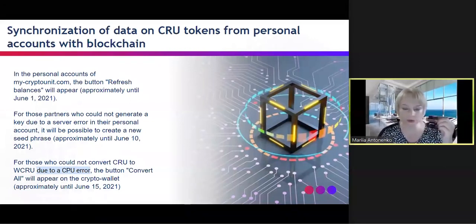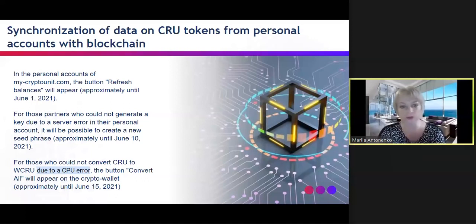So what they decided to do is to develop a button in the back office of each partner. There will be this button, like refresh or update your balance. So basically, in the same place where we generated our seed phrase in the back office, transition to the blockchain, in the portfolio section, there will be a button, refresh balances. It will be available just once.